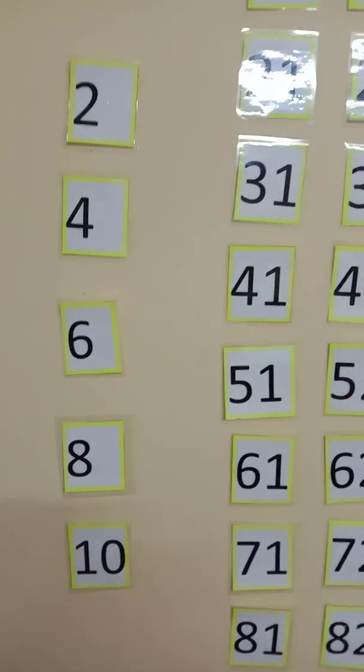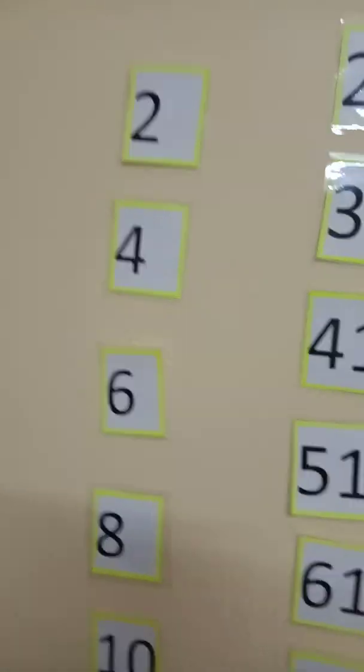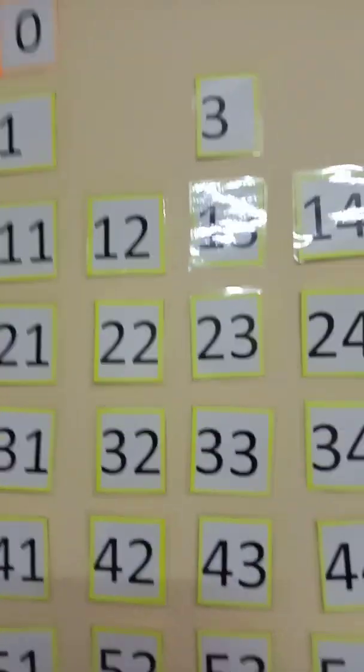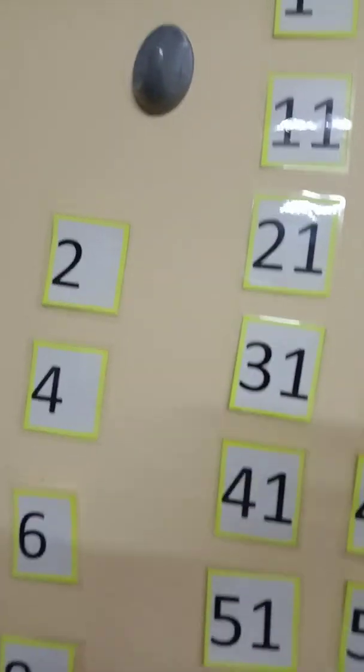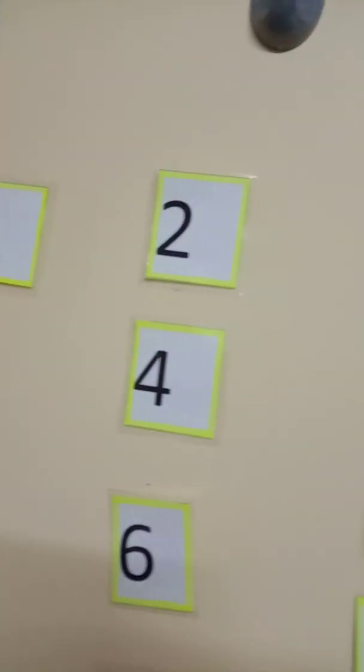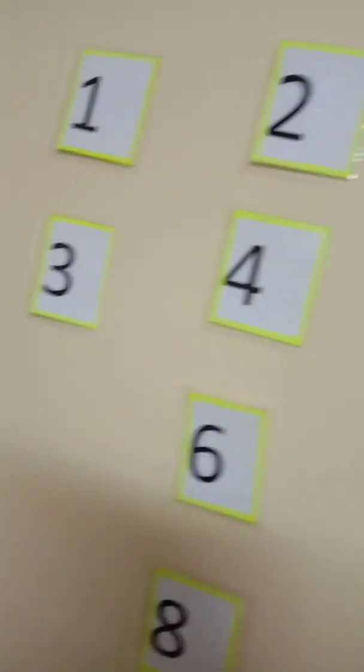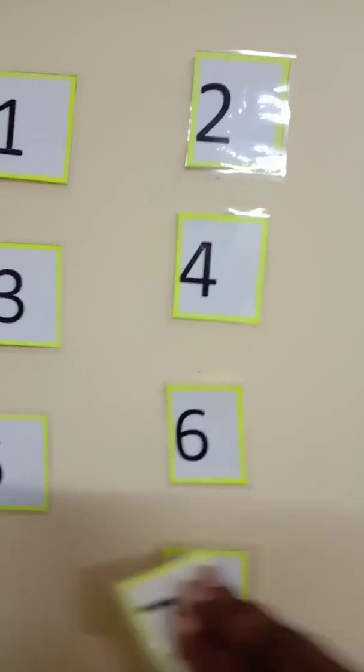So counting in twos. You can as well talk about the even numbers and the odd numbers. So you can still teach them like this at the same time with this number chart.